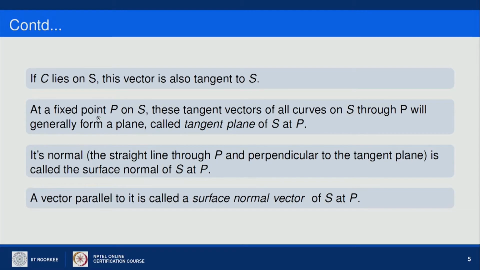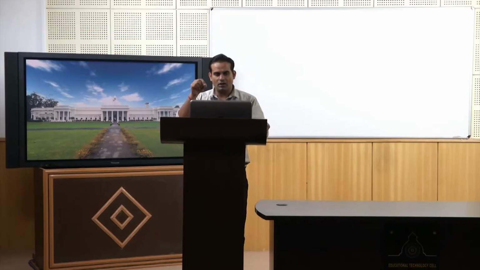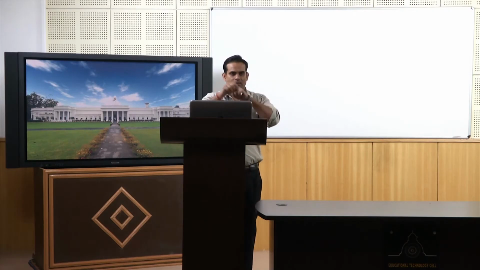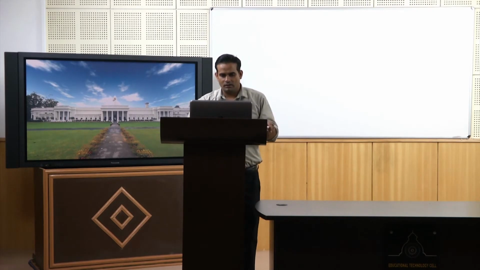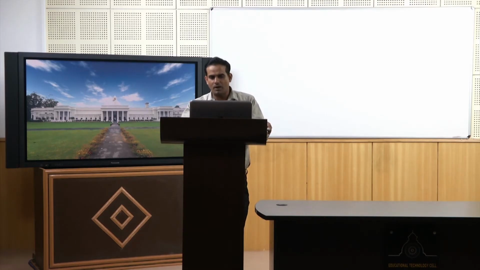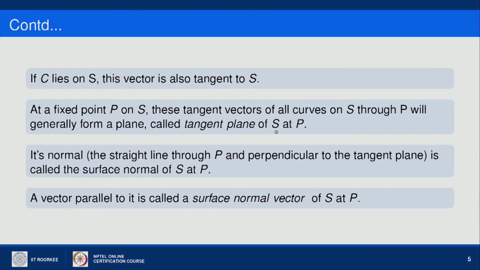At a fixed point P on the surface S, there will be infinitely many tangent vectors, because at a particular point on the surface infinitely many curves will be passing. These tangent vectors of all curves on S through P will generally form a plane, and that particular plane is called the tangent plane of S at P. Now, what we need to do?